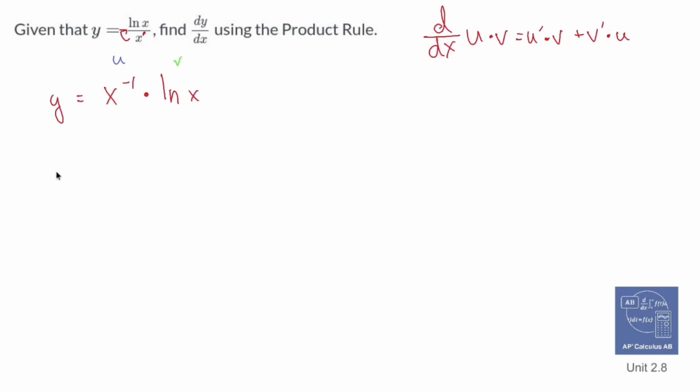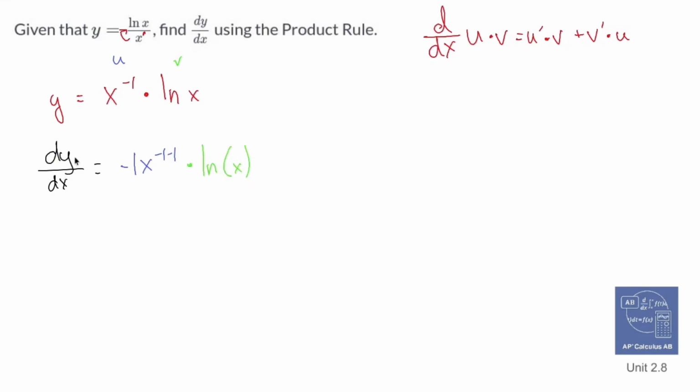So dy dx, the derivative, is going to equal the derivative of that x to the negative 1. This requires the power rule. So you drop down the negative 1, and then you take 1 away from that negative 1, like so. Then you multiply the ln of x as is, so you're still ln of x.